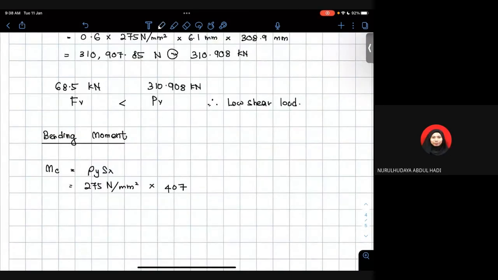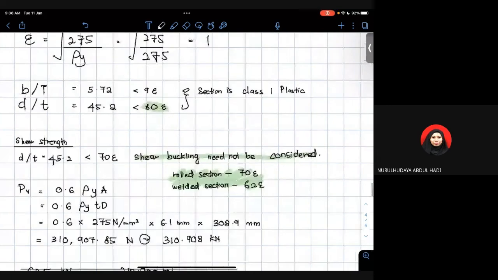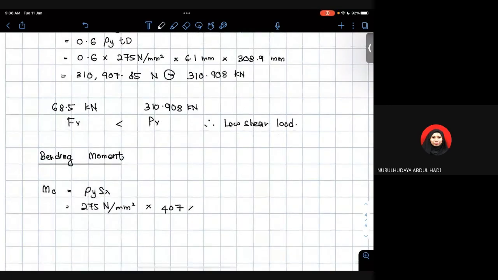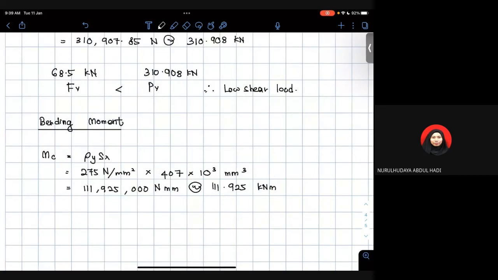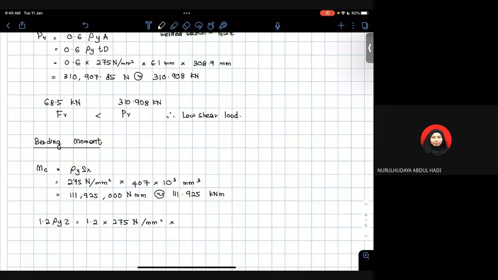SX is 407 centimeter cube. Tukar dia into millimeter cube, darab 10 kuasa 3 lah. 111,925,000 Newton millimeter, equal to 111.925 kilonewton meter. Kita kena juga compare MC ni dengan 1.2 PY Z. 1.2 times 275, and Z is elastic modulus.